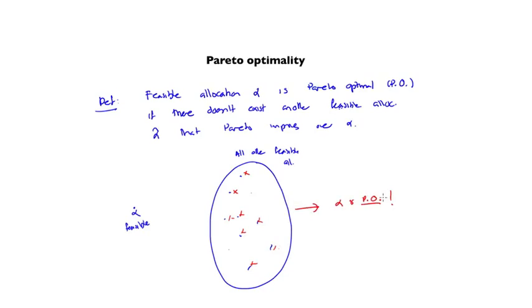Because there is no waste, in the sense that it's not possible to move to another allocation that makes at least one person better off without hurting someone. On the other hand, if at some point when we are doing the checks, we find that the Pareto improvement test can be passed by moving from alpha to another, let's say alpha hat, allocation, then we have to conclude that alpha is not Pareto optimal. Why? Because it didn't pass the Pareto improvement test. It is possible to move to another allocation that makes at least one person better off without hurting anyone. That is clearly wasteful from a social point of view. In other words, it is not efficient.